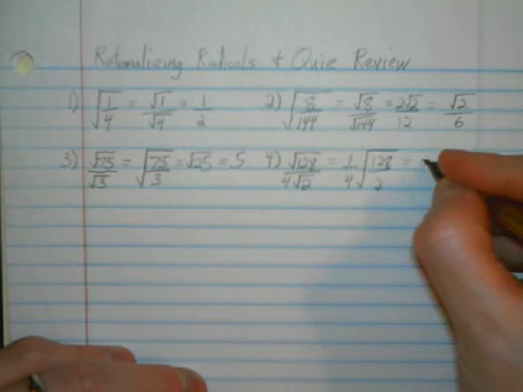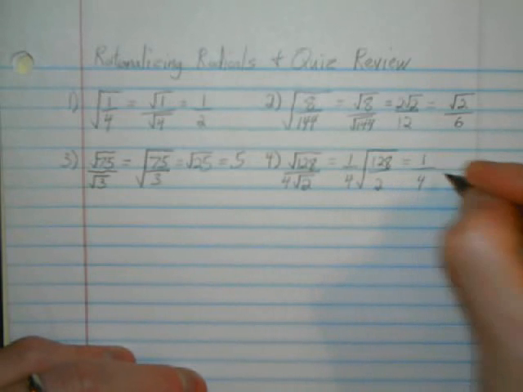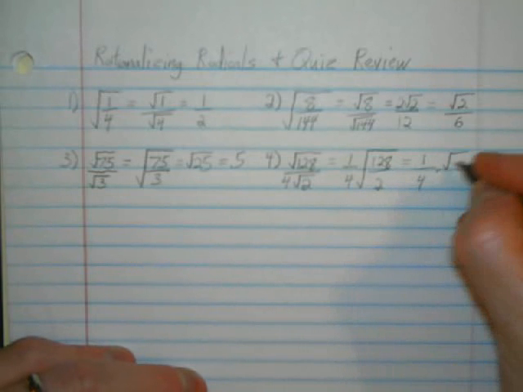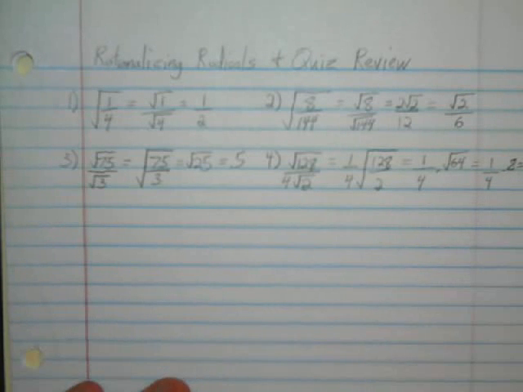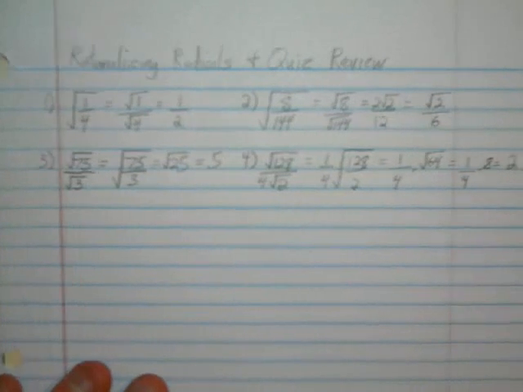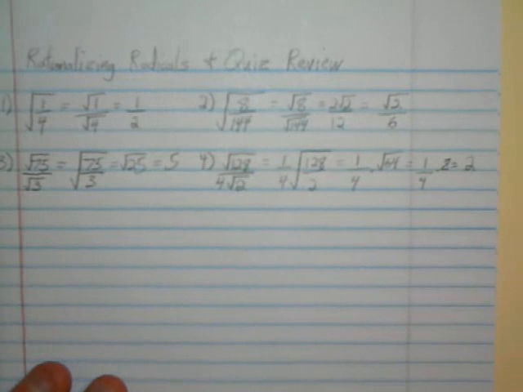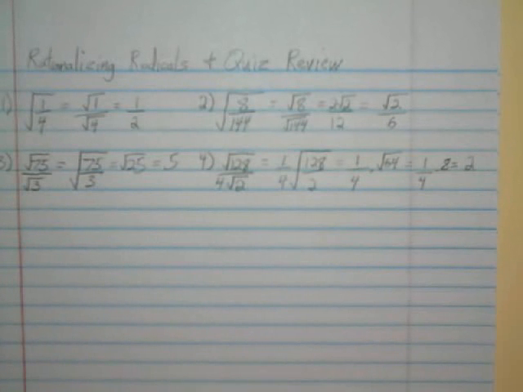Now 128 divided by 2 is 64, which goes up in my numerator. The square root of 64 is 8. So I've got 1/4 times 8, which is basically 8 divided by 4, which gives me my final answer of 2. It went off the page a little bit. My final answer is 2.